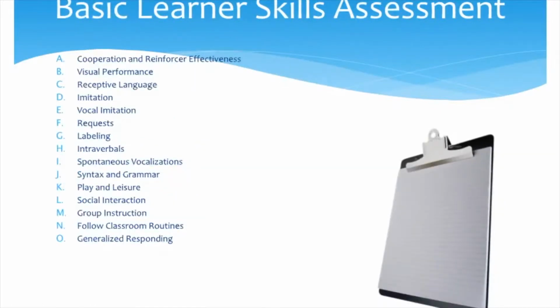The basic learner skills section assesses the categories of cooperation and reinforcer effectiveness, visual performance, receptive language, imitation, vocal imitation, requests, labeling, intraverbals, spontaneous vocalizations, syntax and grammar, play and leisure, social interaction, group instruction, follow classroom routines, and generalized responding. The letters assigned to each category in the skill sets booklet correspond to the scoring grid, which we will take a look at later in the presentation.